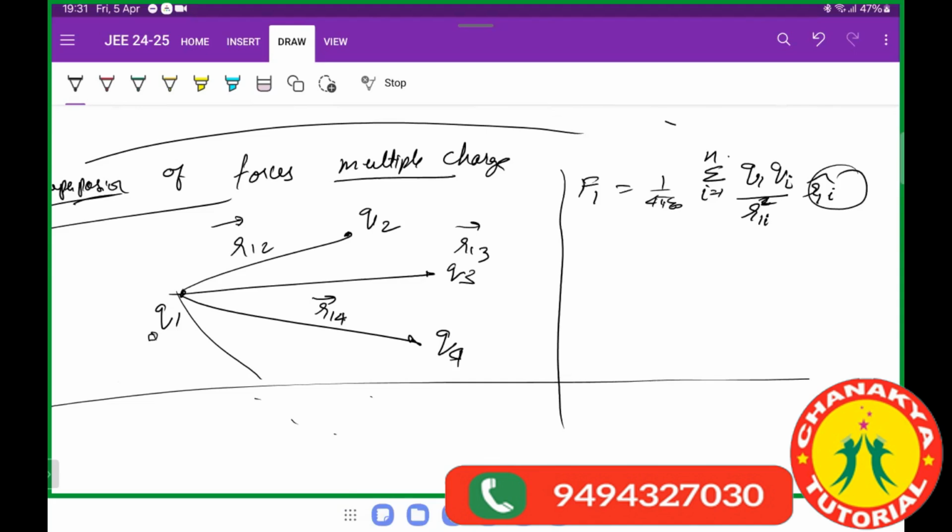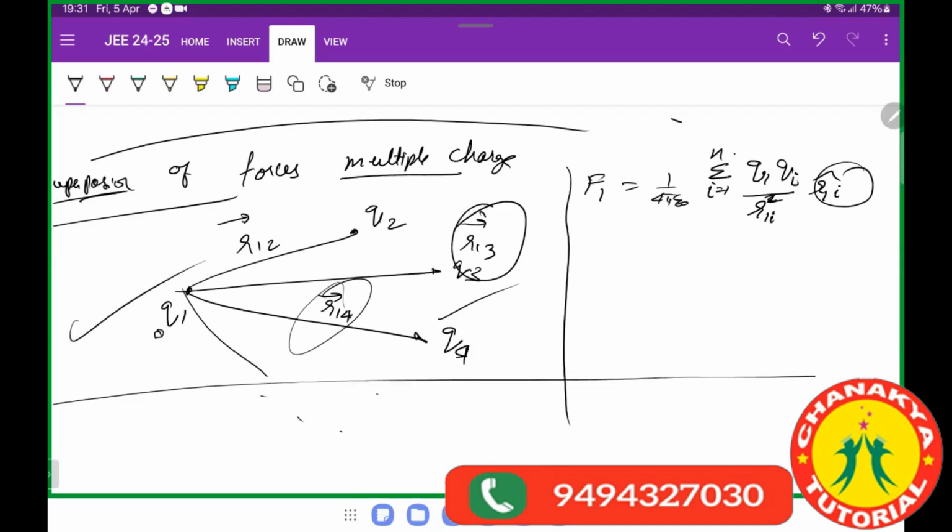That's why we wrote the distances R12, R13, R14. R12 means the distance between the positions of Q1 and Q2, R13 means Q1 and Q3, R14 like that, and so on. Okay, sir. Now I get it.